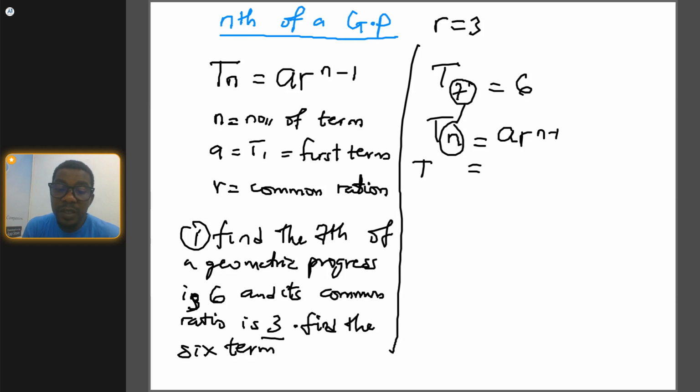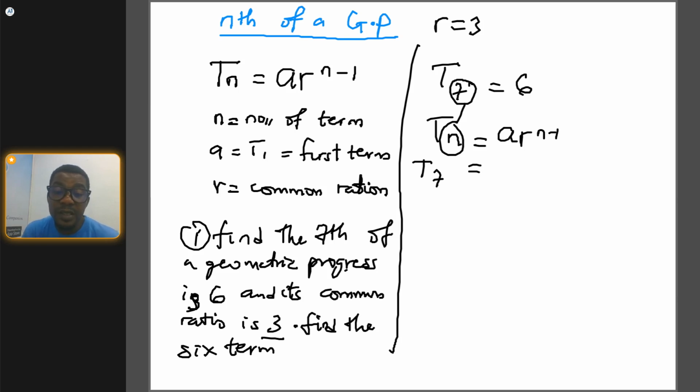So we have T7 equals a r raised to n minus 1, a representing the first term. And in the question, we are not given the first term. All we are given is the sixth term.